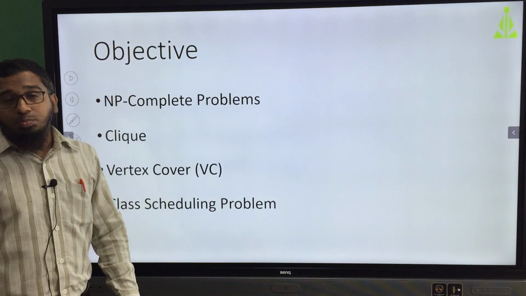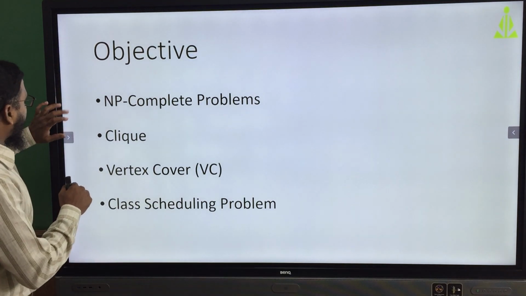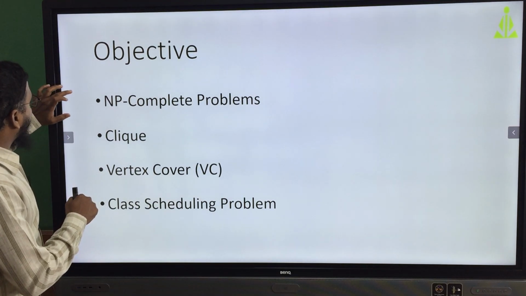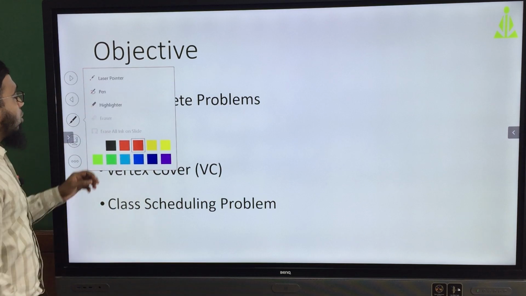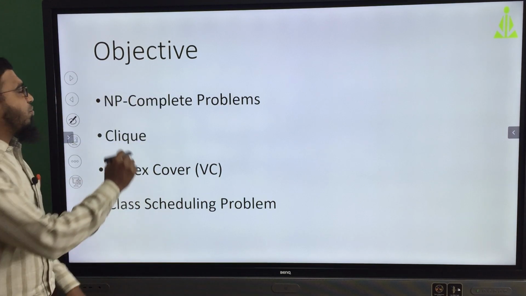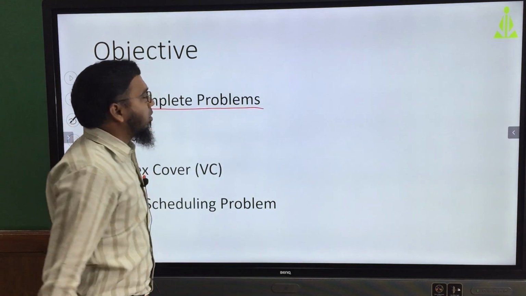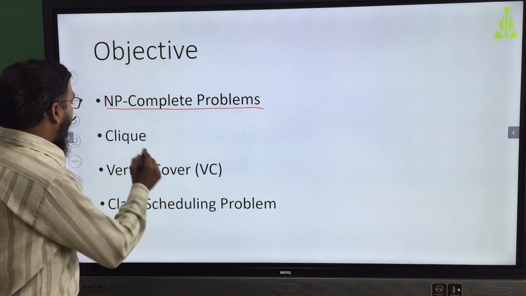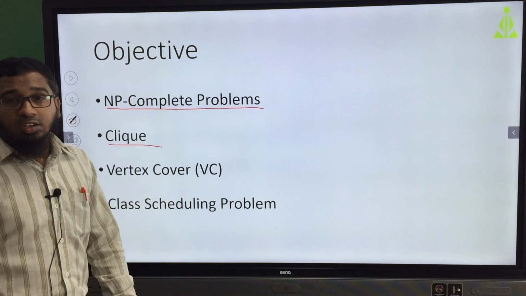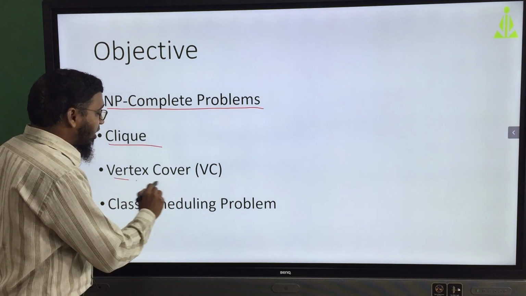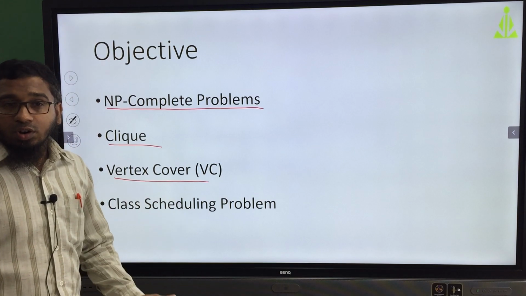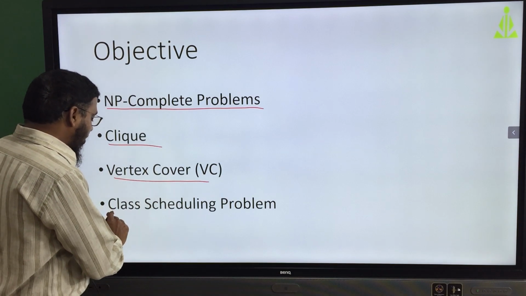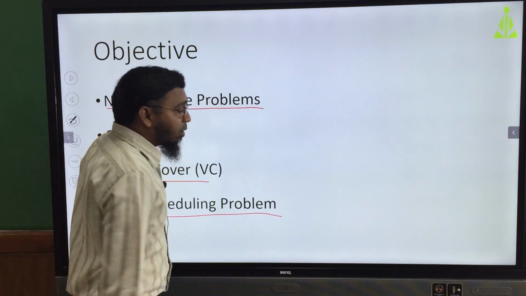So today's objective is NP complete problems. We are going to see what the NP complete problems are, and we are going to see the cliques, the vertex cover VC, and the class scheduling problem.